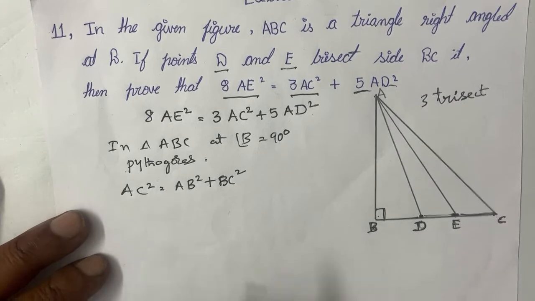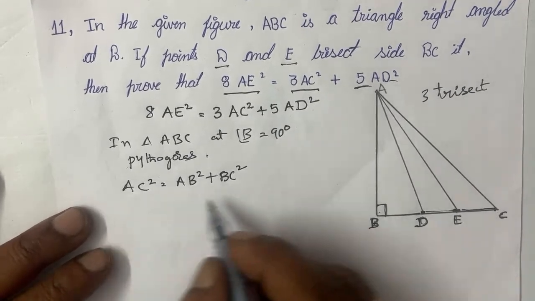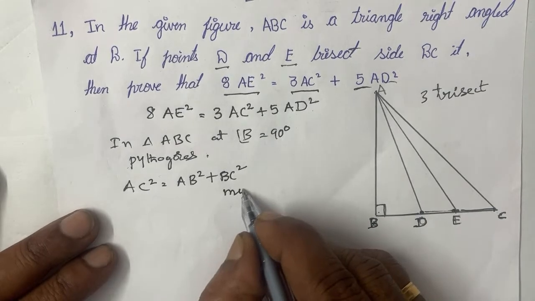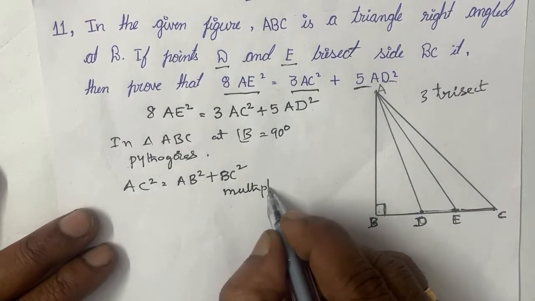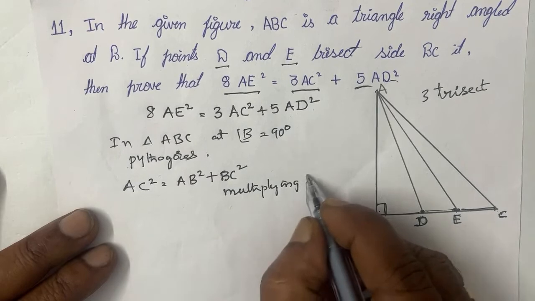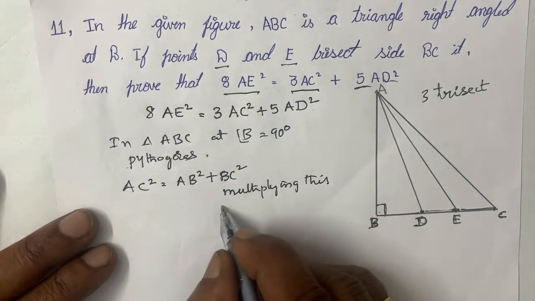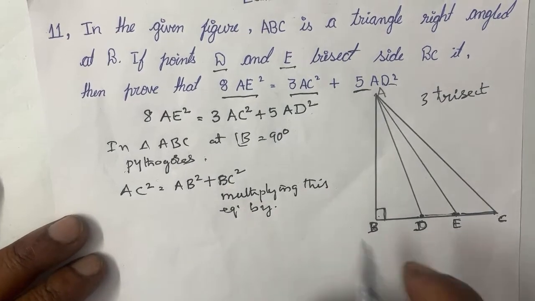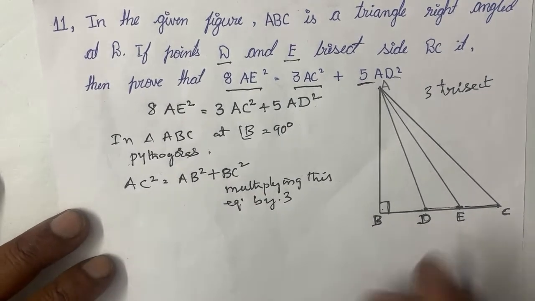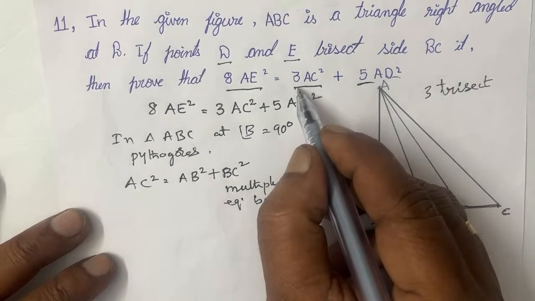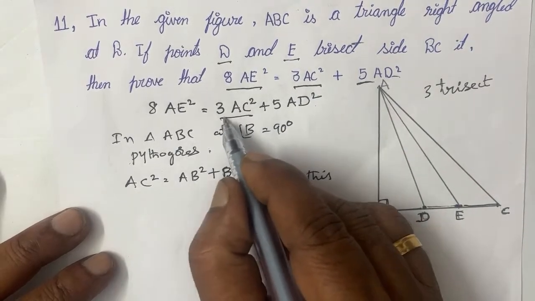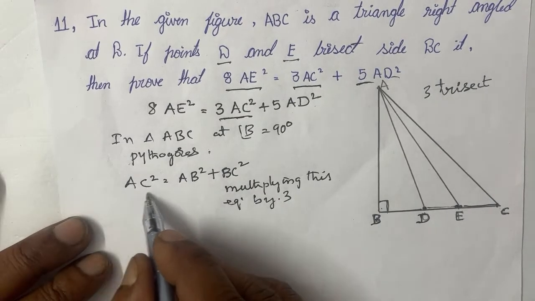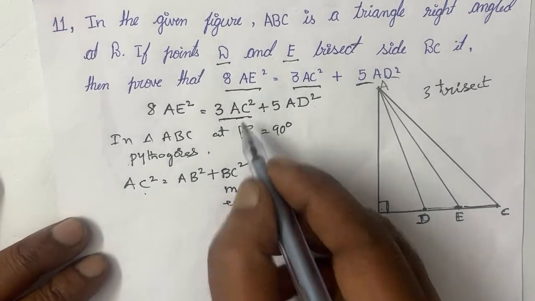Now what I am doing here is multiplying this equation by 3. Why am I multiplying by 3? I will tell you. Here we are asked to prove 3AC square, and AC is the subject here, so I have to multiply with 3.